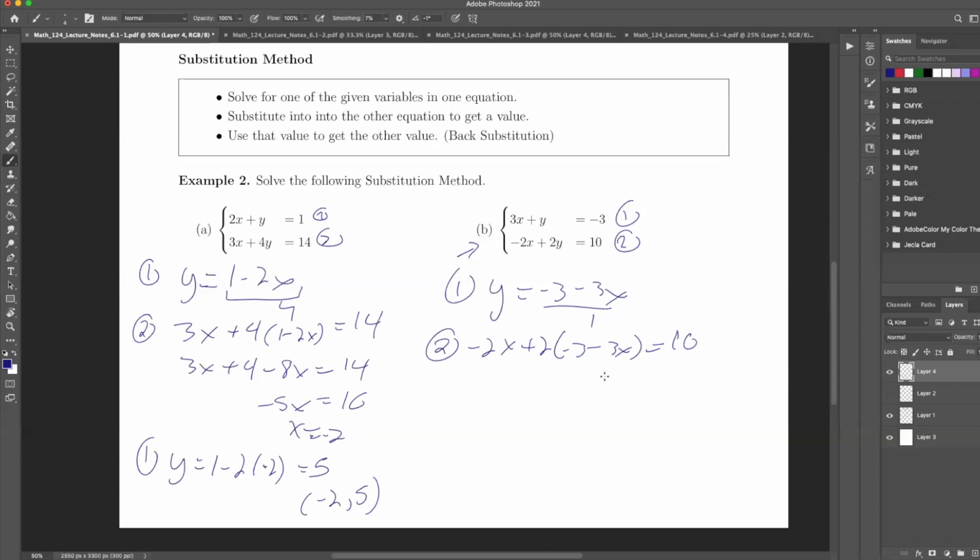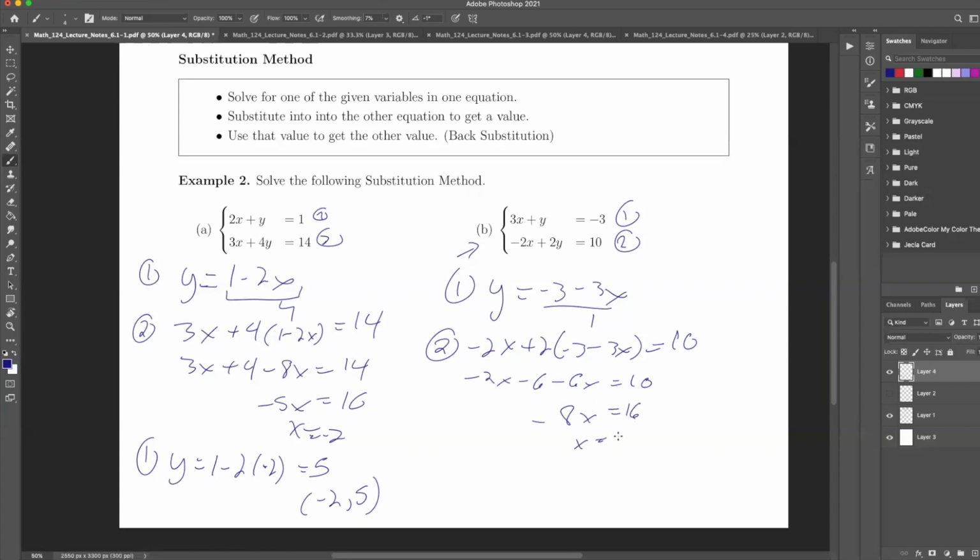Once we do the substitution, here we'll have minus 2x minus 6 minus 6x equals 10. So we move the 6, so this becomes minus 8x, move the 6 over, equals 16.